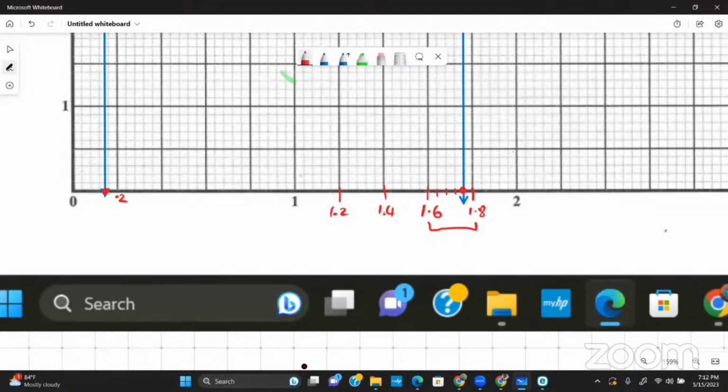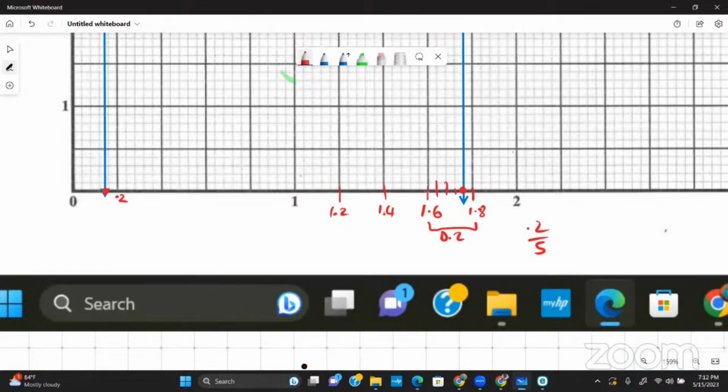So if you have 1.8, and you take 1.6 from it, the gap is 0.2. That 0.2 gap was divided up into how many pieces? 5. That 0.2 was divided up into 5. So I'll know what one of these lines is now.